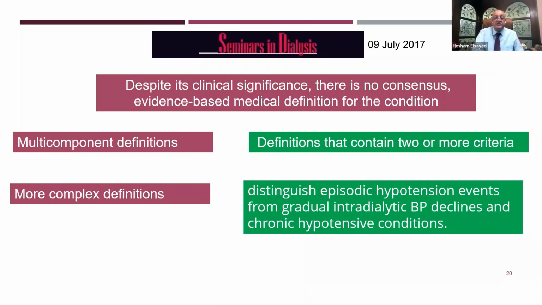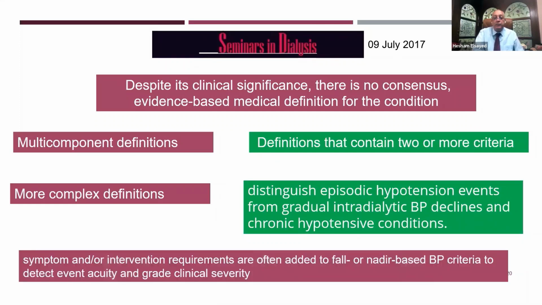A decrease in blood pressure without symptoms or intervention makes the diagnosis of intradialytic hypotension difficult. So symptom or intervention requirements are often added to fall or nadir based blood pressure criteria.